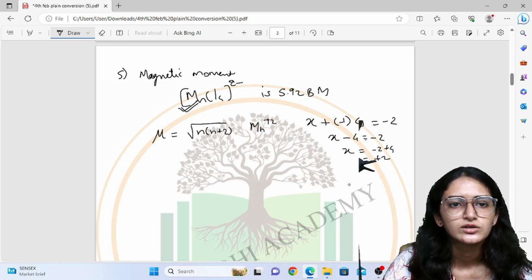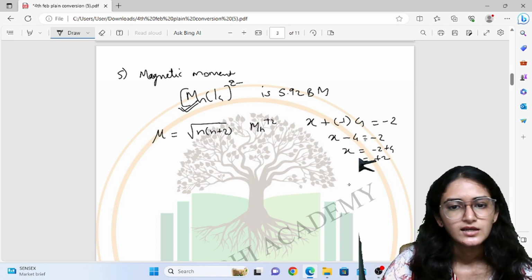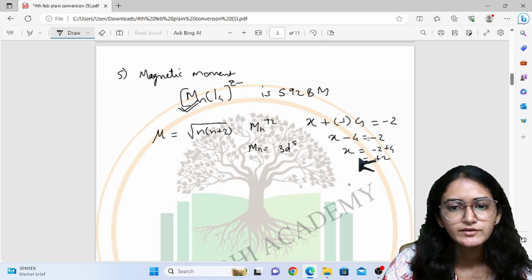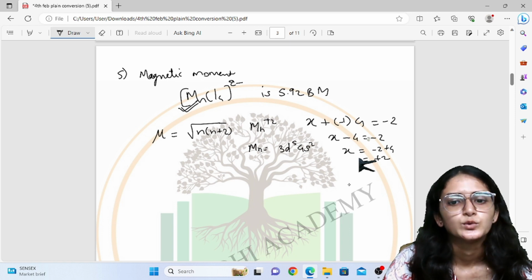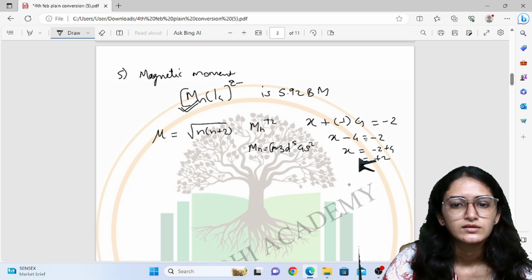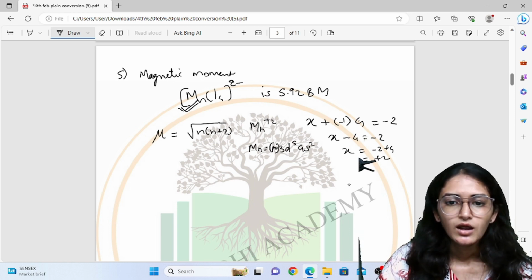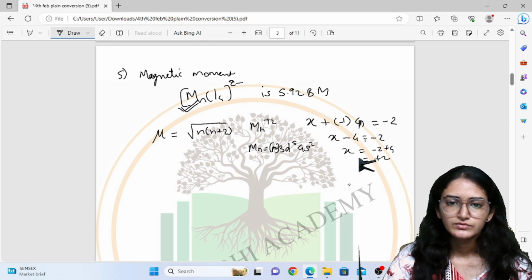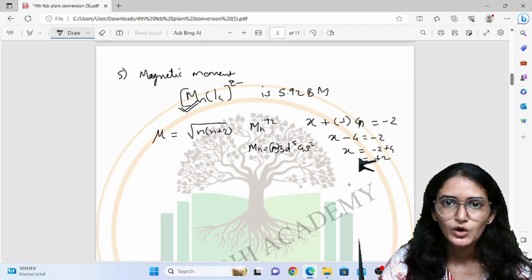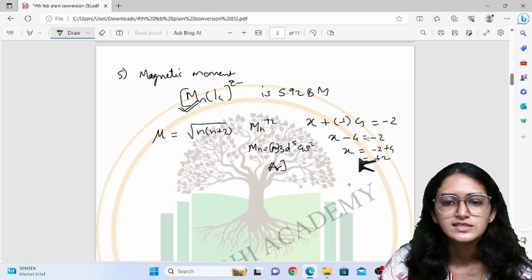Okay. Now let us see the configuration of manganese. Normally the configuration is argon 3d5 4s2. Now if we have +2, it means losing of electrons. By losing electrons, it will achieve this half-filled configuration, that is argon 3d5.